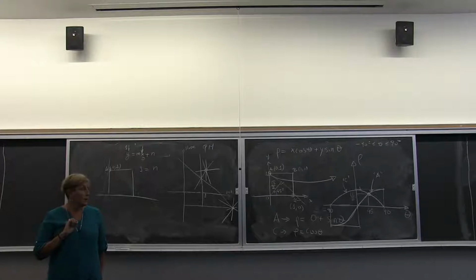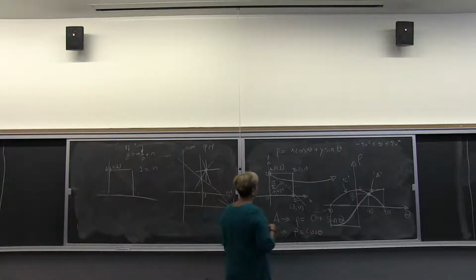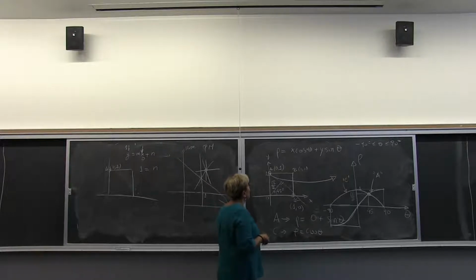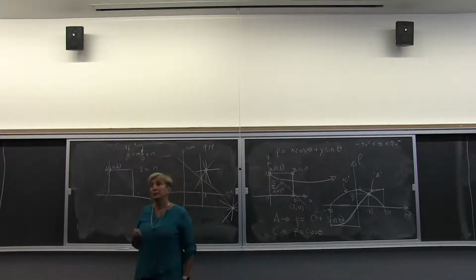Okay? So lines are still intersections of these curves. But now the curves are not lines anymore, they're sinusoidal curves. How about the Hough transform of the point B?